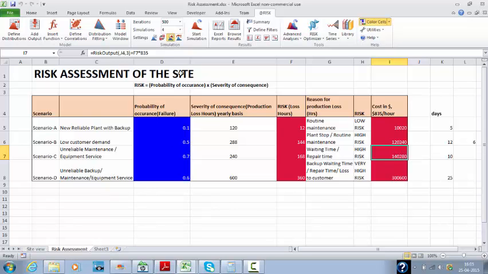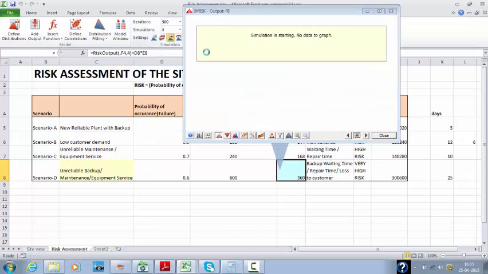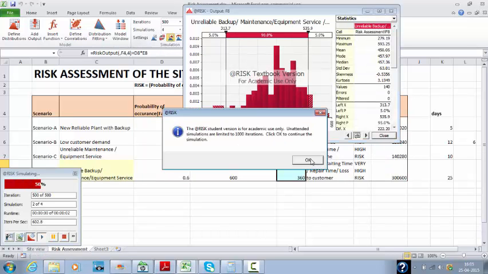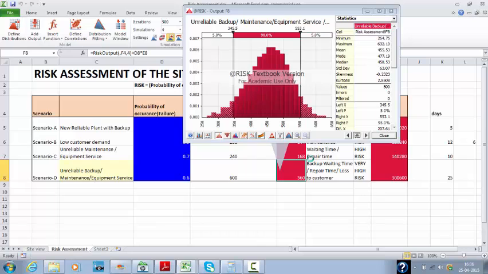Okay, now coming to the unreliable backup, maintenance, and equipment services, let's simulate this. So it's 455 hours as a mean. That's quite a lot. It's almost more than 20 days. Around 450, it's about 15 to 20 days in a year.